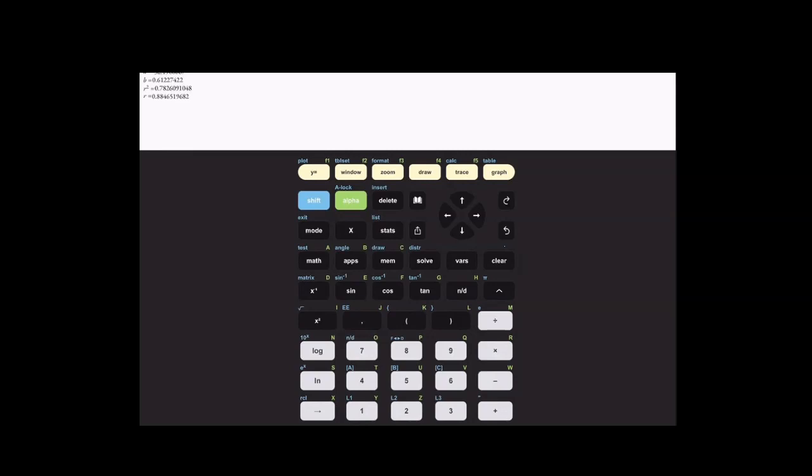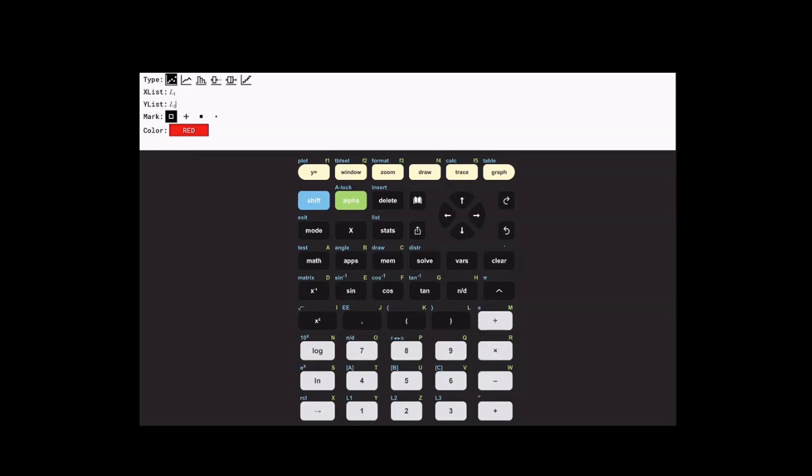But we can go to Shift Y equals, stat plot, turn it on, and if I look at that very first graph, those dots are for a scatter plot. So if I select that, it's a scatter plot, where the X list is L1, where I put my X values, and my Y values are in L2.